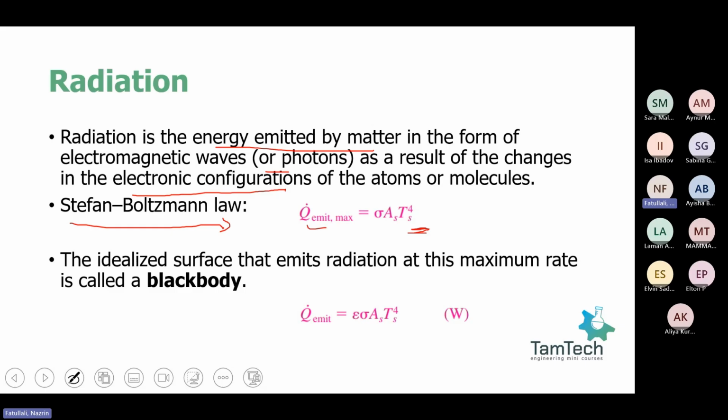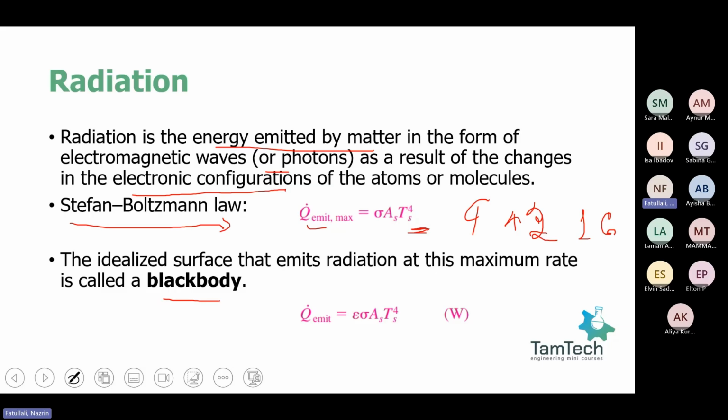For example, if you double your temperature, increasing it 2 times, your radiation increases 16 times. Sorry for my handwriting. This is precisely why radiation dominates at high temperature, while at small temperature we just neglect it.